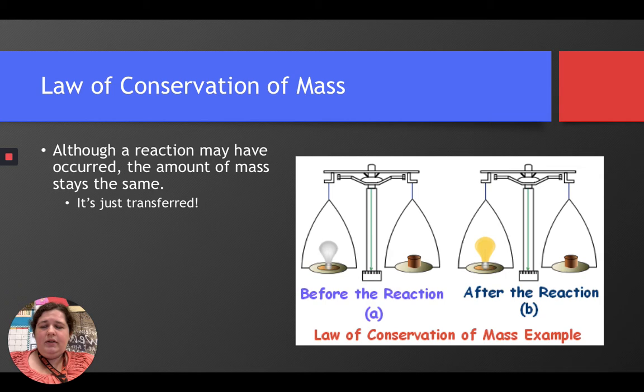It's just transferred. It doesn't magically appear, it doesn't magically disappear. It's always there somewhere. It may have escaped as a gas, you may not have captured it, but it's there somewhere. So atoms are recycled. They can't be created, they can't be destroyed.